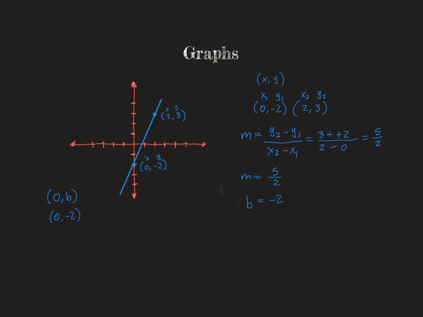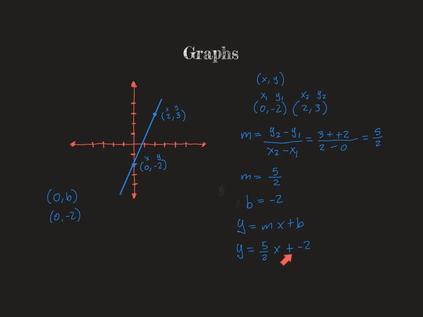Now, to put it into the equation, we only need to do y equals mx plus b, and we only need to substitute the numbers. So I'm going to put y is equal to, you know what your m is from right here, 5 over 2 times x plus, we know that it's a -2.